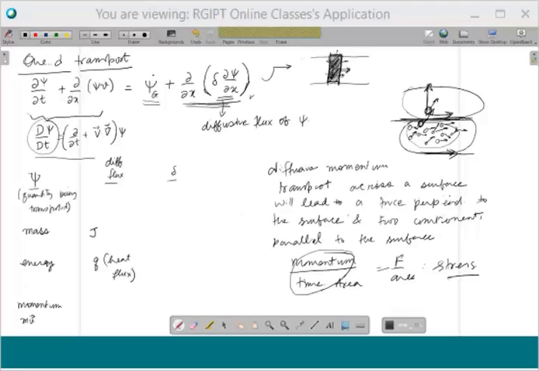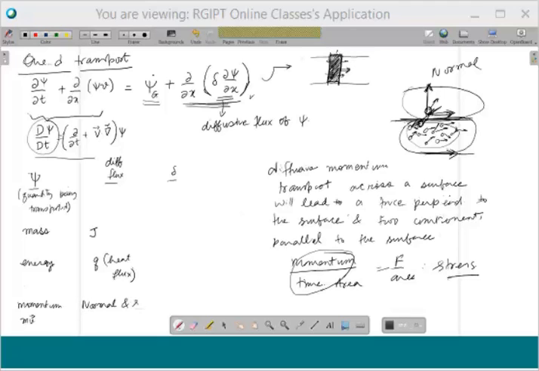One would be perpendicular, called normal stress, and two would be the parallel ones, the shear stresses. So in general, diffusive momentum transport leads to generation of a normal stress and two shear stresses.